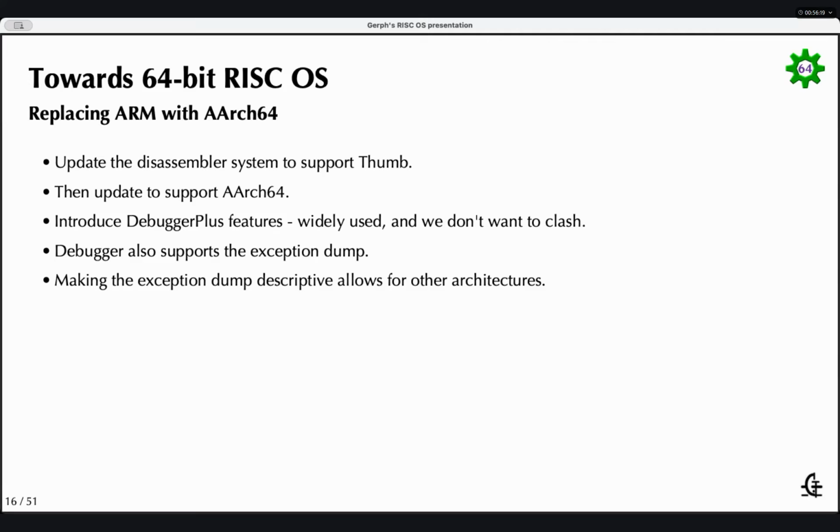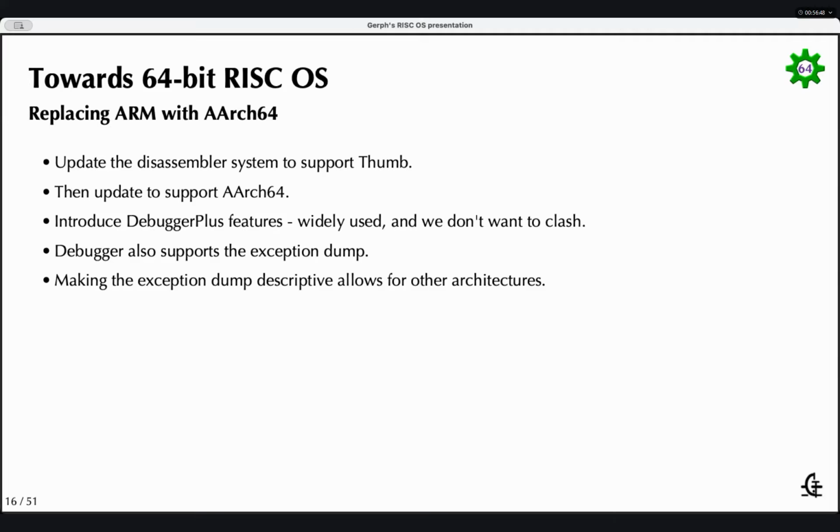And some parts of the system were flexible enough to do that because I tried to build it to be generic wherever I could. But other parts were rather core, and it was a lot harder to make it switchable. It's still ongoing. There's some parts that are still not working properly, but it is taking a lot better shape now, as a system that can use a different architecture.